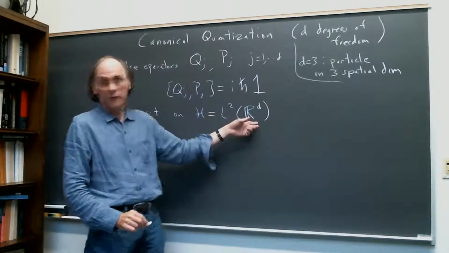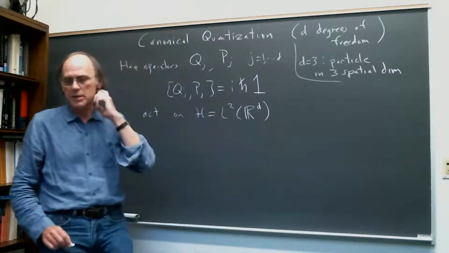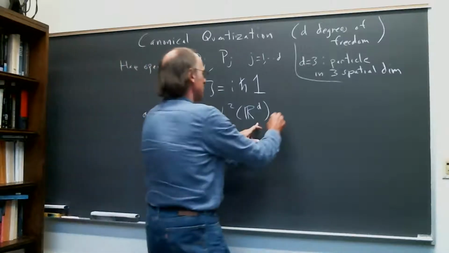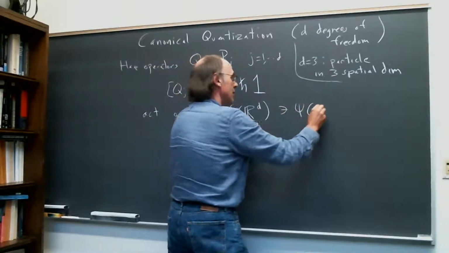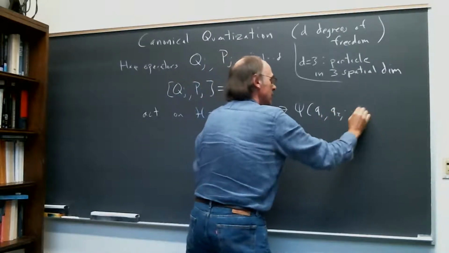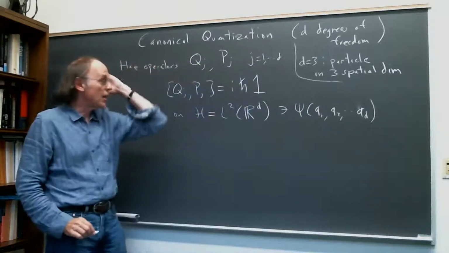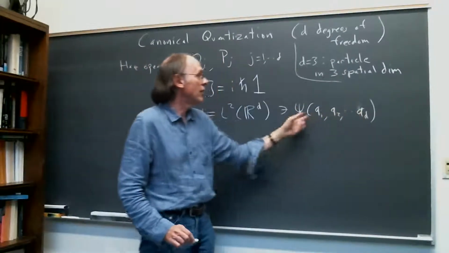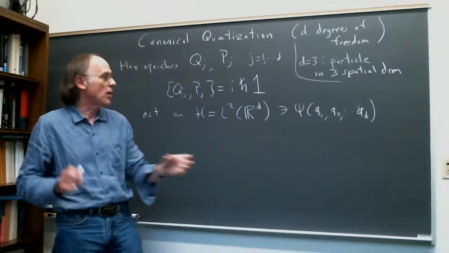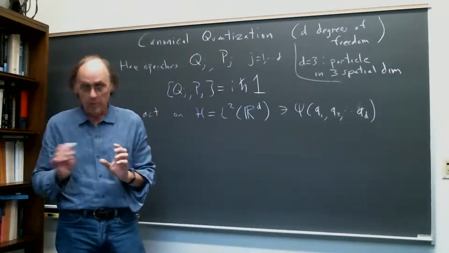So they act on functions on d dimensions, and we'll often write these psi of q_1, q_2 up to q_d. These variables are called the configuration space variables, and for a single particle, they're just the spatial coordinates.